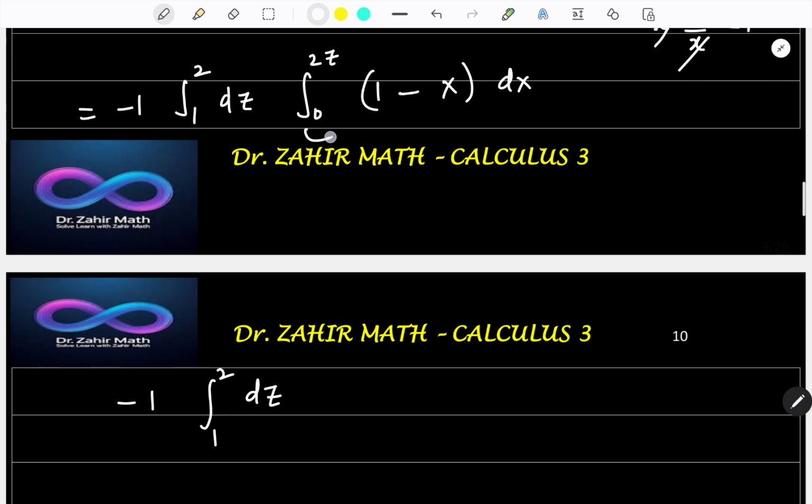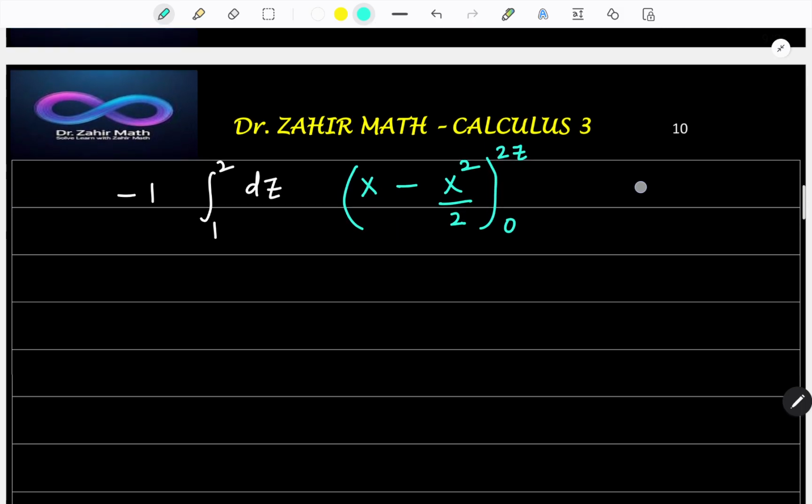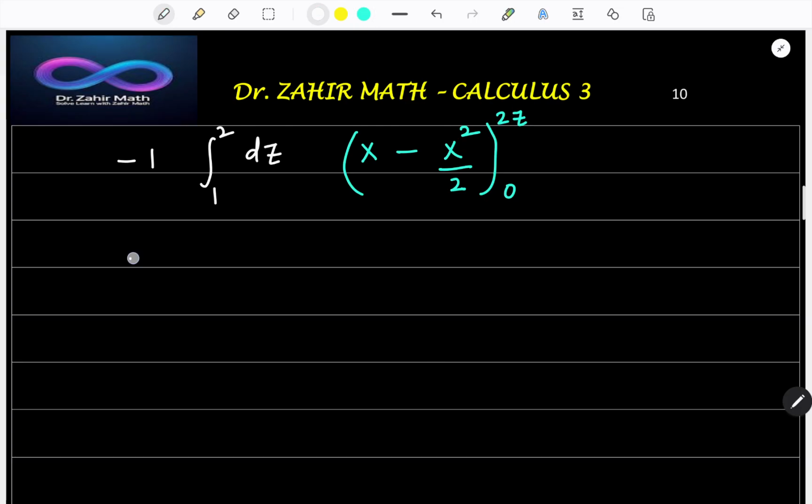So now I'm going to integrate this one. When I integrate, I will get x, and then minus x square divided by 2, with the limits 0 to 2 is z. So this equals minus 1, integral 1 to 2 dz. I'm going to put upper limit minus lower limit.